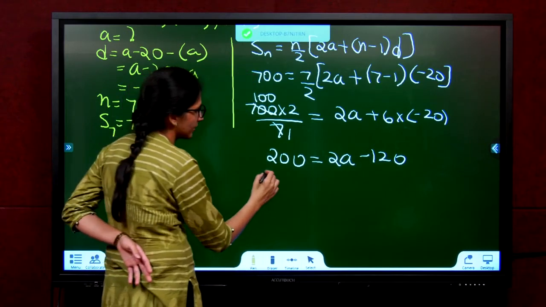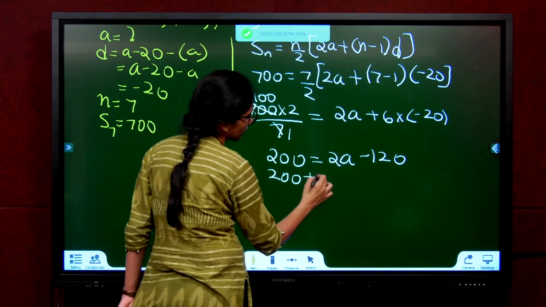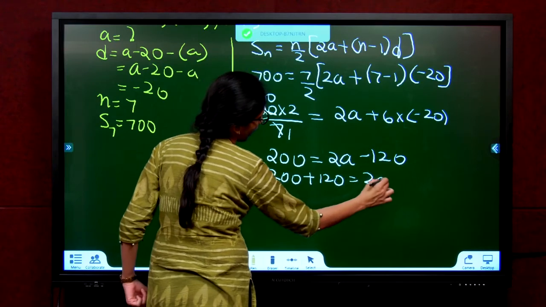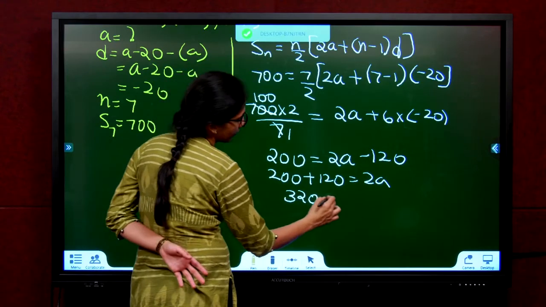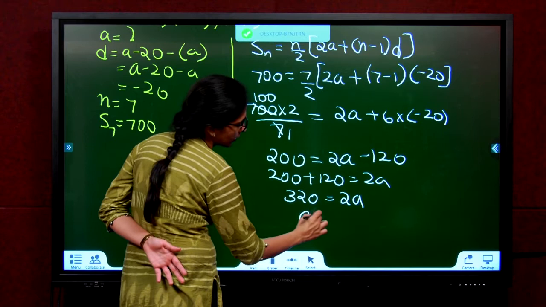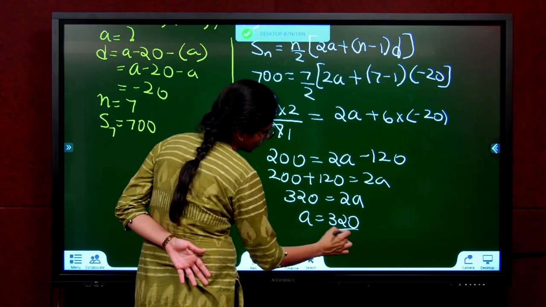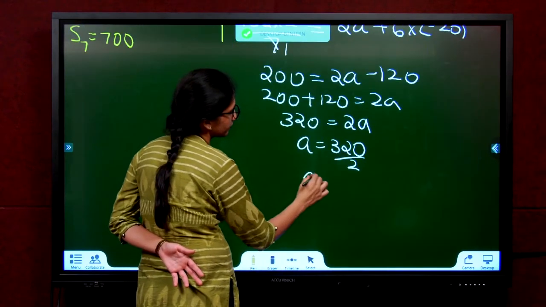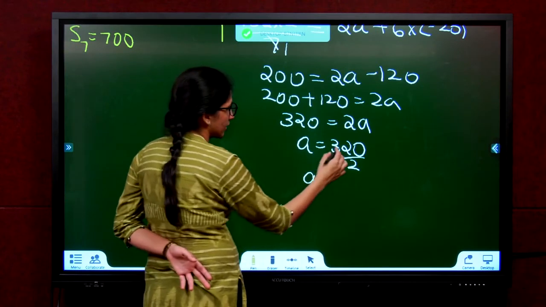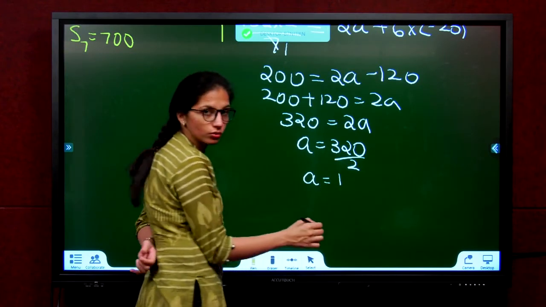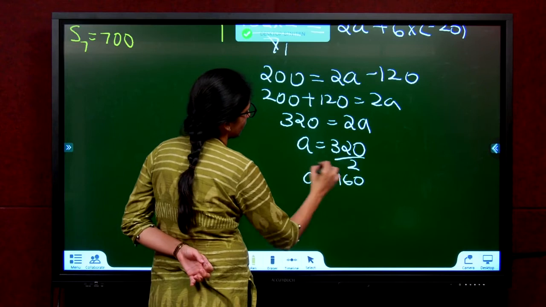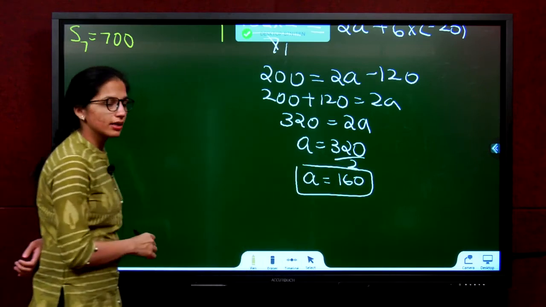Bring the minus 120 this side. 200 plus 120 is equal to 2a. 320 is equal to 2a. a is equal to 320 by 2. So we got the a value as 160.